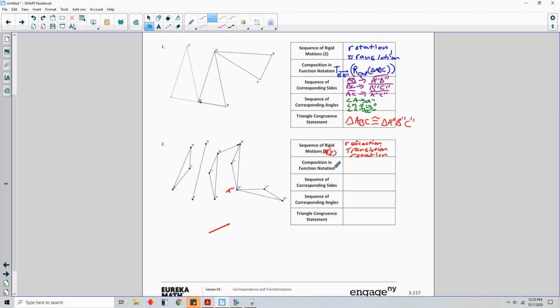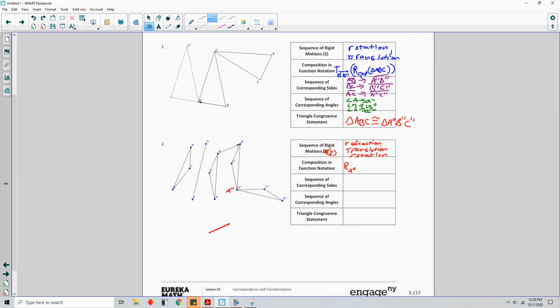Composition in function notation. Okay. So the last thing that was done was a rotation. So that's what I write first. It was a rotation. We rotated around A triple prime or A double prime, depending on what you want to call it. We rotated around A double prime because A triple prime does not exist until you rotate, so let's use double prime.